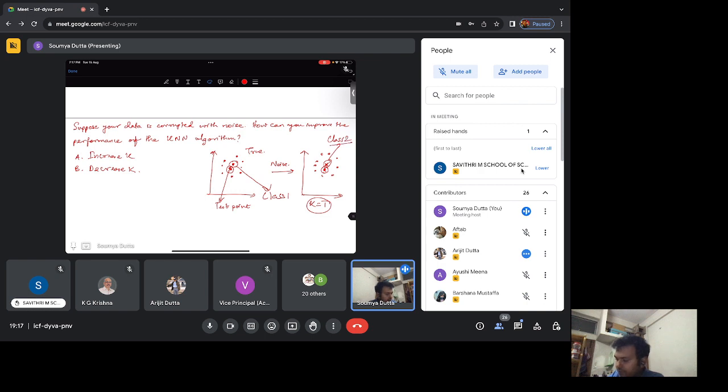Because of k equal to 1, you are choosing this point, and you are also saying that your test point is class 2, but that is only because of the noise that was added. If you had taken k equal to 3, let's say, then you would have chosen the 3 nearest neighbors and taken the majority vote among the 3, and then even with the noise you would have predicted the correct class. Am I making sense now?